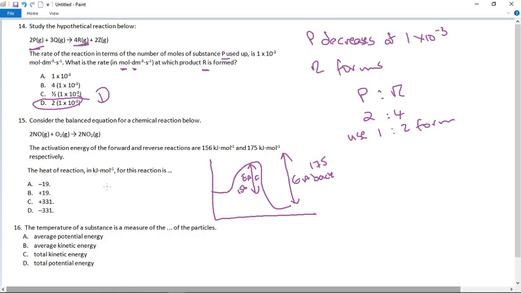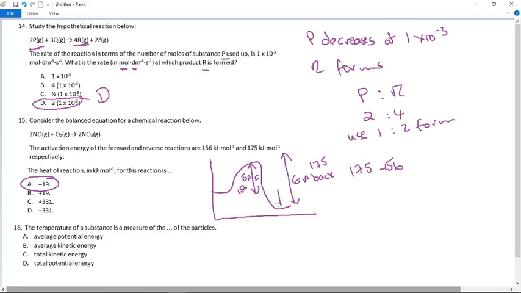Now it says to you, what is the heat of reaction? Well, if you look at how this is drawn on the graph, we're going to say 175 minus 156, and this is going to give us, what's that? That gives you 19, yes, but it is minus 19 because the activation energy for the reverse reaction is larger.